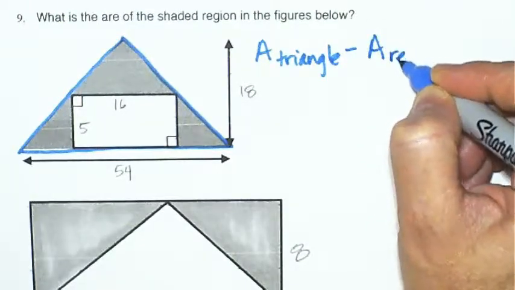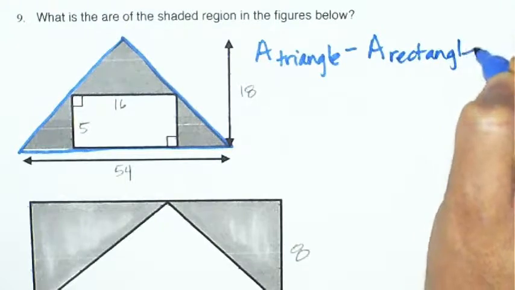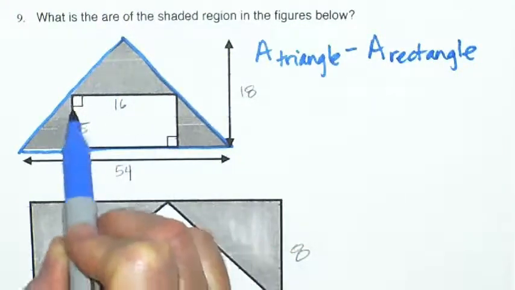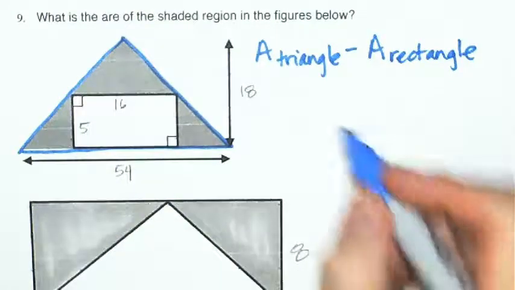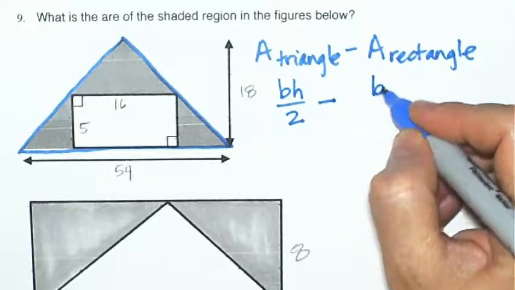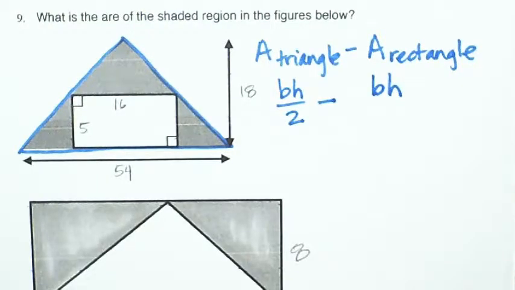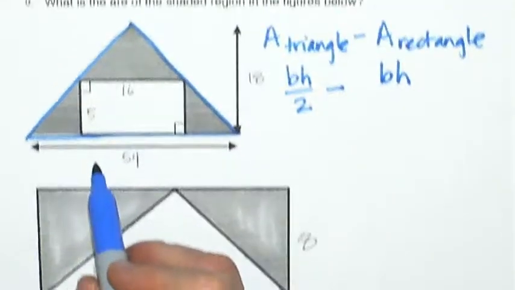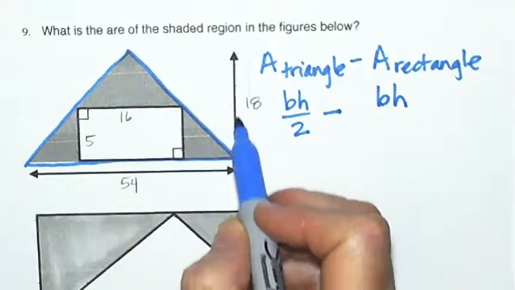Minus the area of the rectangle, because I don't want the area of the rectangle, so I'm going to subtract it. So a triangle is base times height divided by 2. A rectangle is just base times height. So the base and height of my triangle would be 54 and 18.